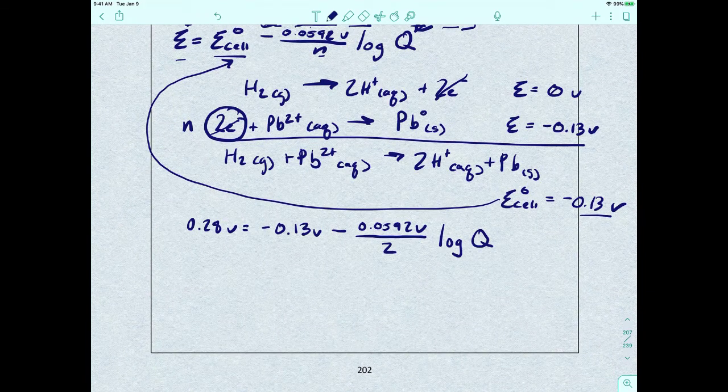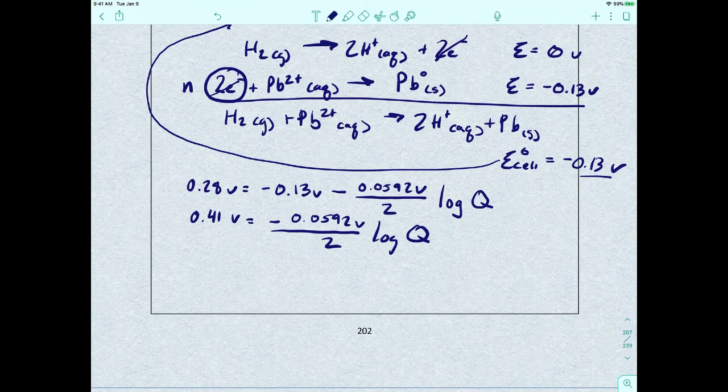All right, so we've got to get the log Q by itself. So first thing we do is add to both sides 0.13 volts. So this becomes 0.41 volts is equal to negative 0.0592 volts divided by 2 times log of Q. If we multiply, we got to get rid of the denominator. If we multiply both sides by 2, we should have 0.82 volts on the left.